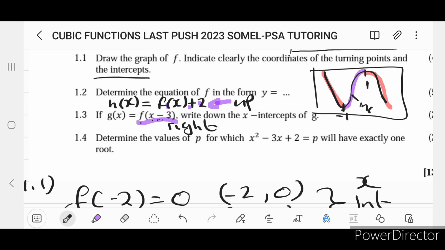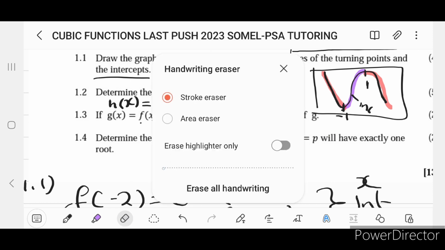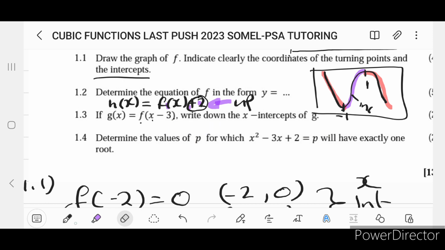So they've just taken the function that we have by 3 units to the right. Here they've taken the function by 2 units up. If it's minus 2, it will be by 2 units down. If this was plus 3, it was going to be by 3 units to the left. So this one is opposite. So minus means the positive direction, whereas the positive means the negative direction. So you need to know they are different.